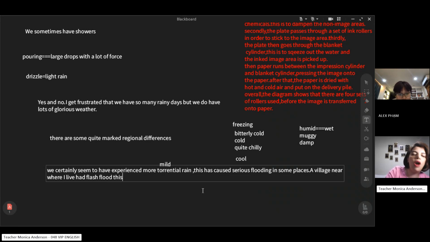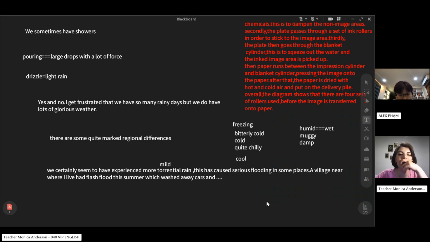For example, this summer, this winter, which, as you said, washed away cars and some people, of course, died. You can say something like this.